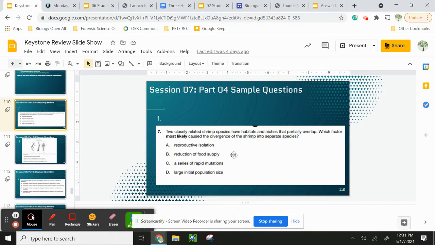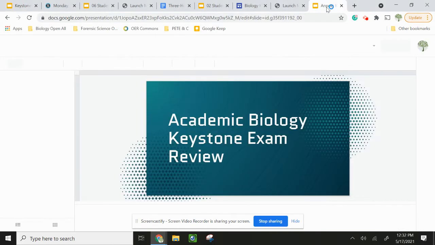Is it reproductive isolation, reduction of food supply, a series of rapid mutations, or a large initial population size? What caused the divergence of their species? Take a moment to think about this using context clues and answer the question in the Ed puzzle.